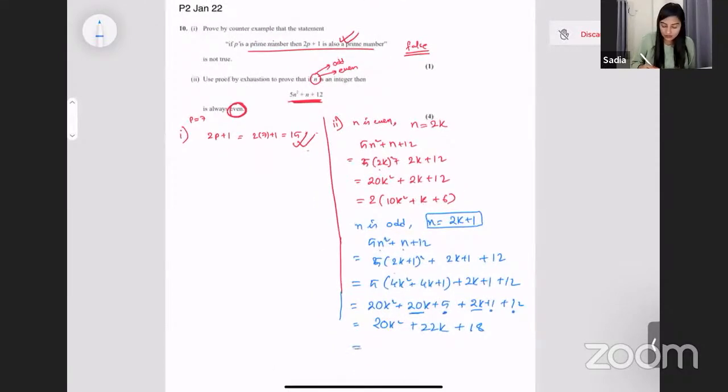So next you will just take 2 out of it so that we can express it as a multiple of 2. So that's it.